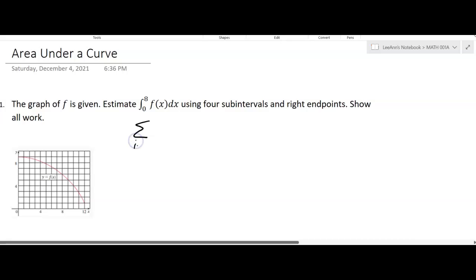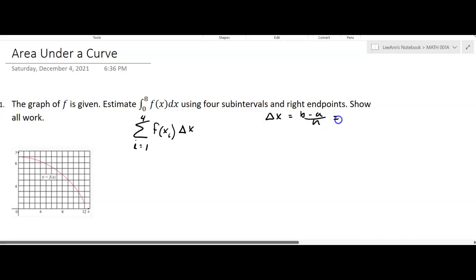So what we want to do is the sum as i goes from 1 to 4 of f of x sub i delta x. Now, that delta x is going to be b minus a over n.